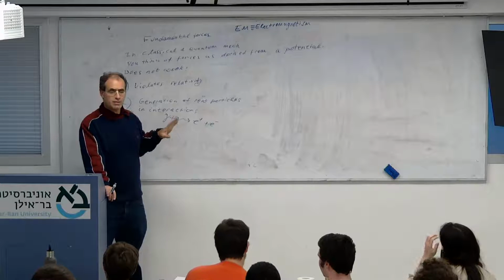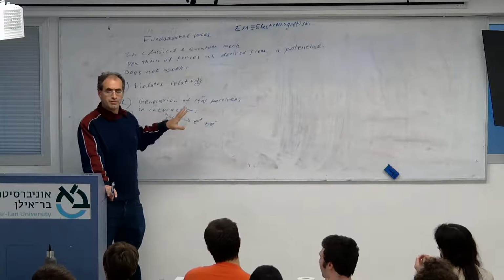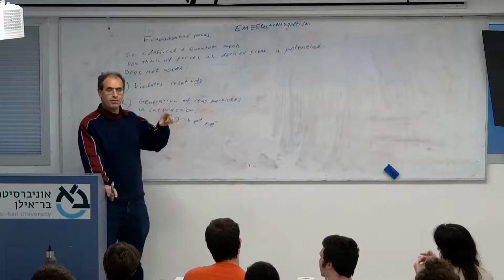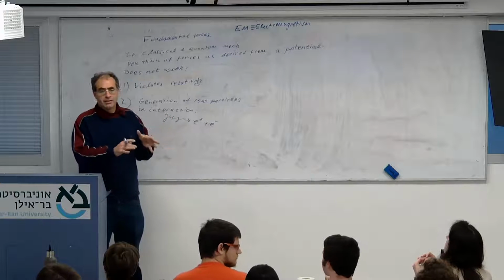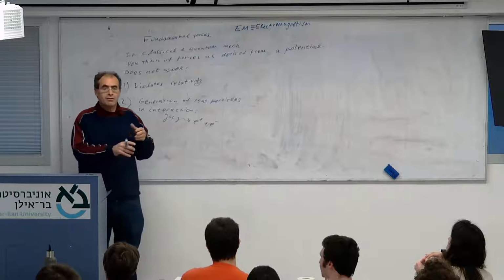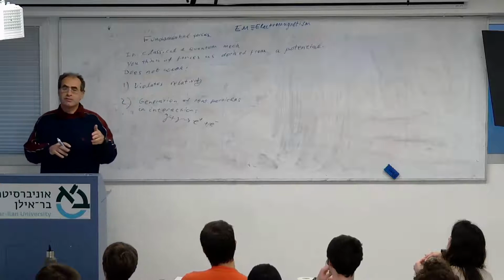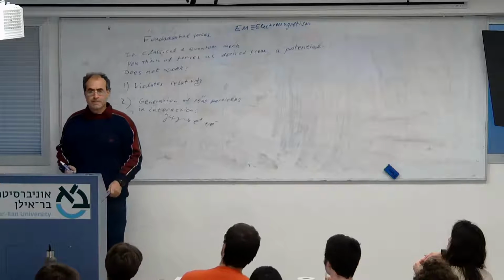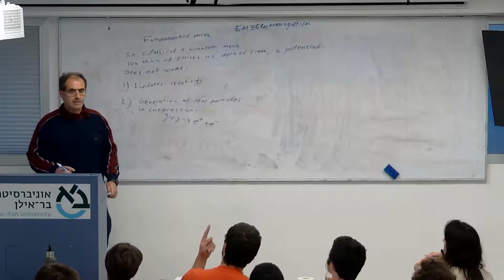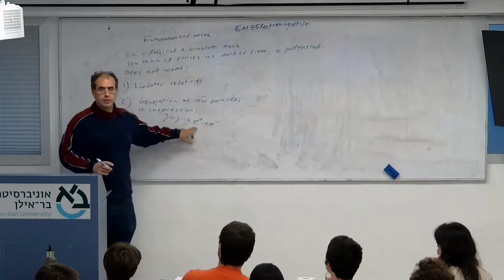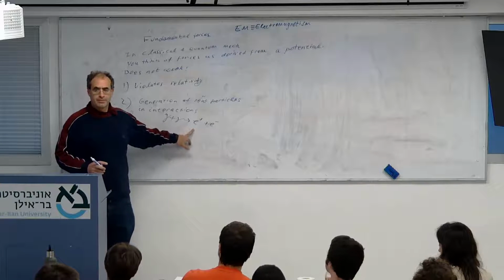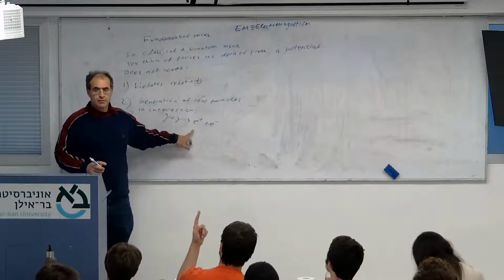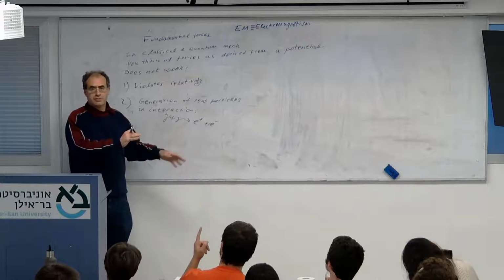Quantum mechanics does not allow you to generate new particles. Given that you have a particle, it allows you to describe how its wave function evolves with time. It does not let you generate new particles that were not there initially. You start with two particles, you can do scattering.